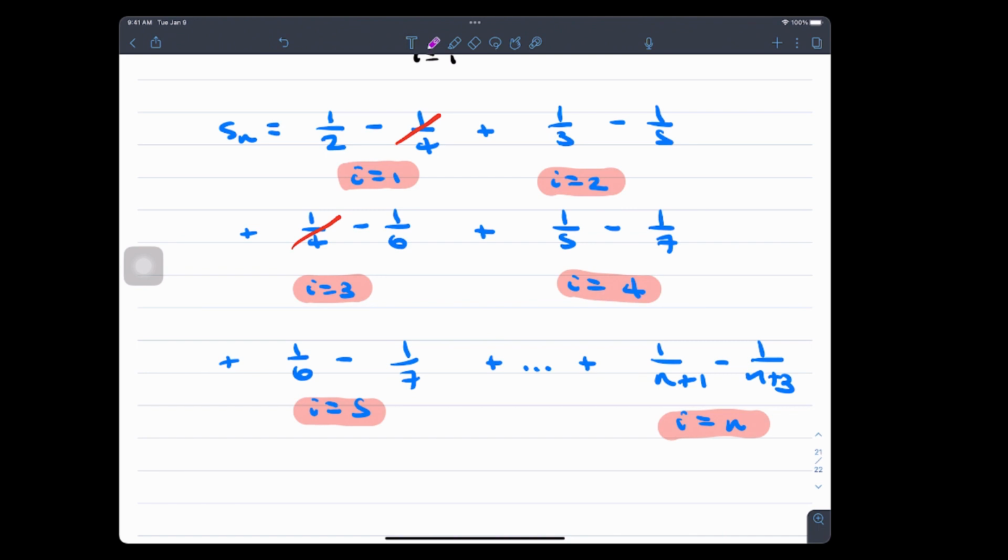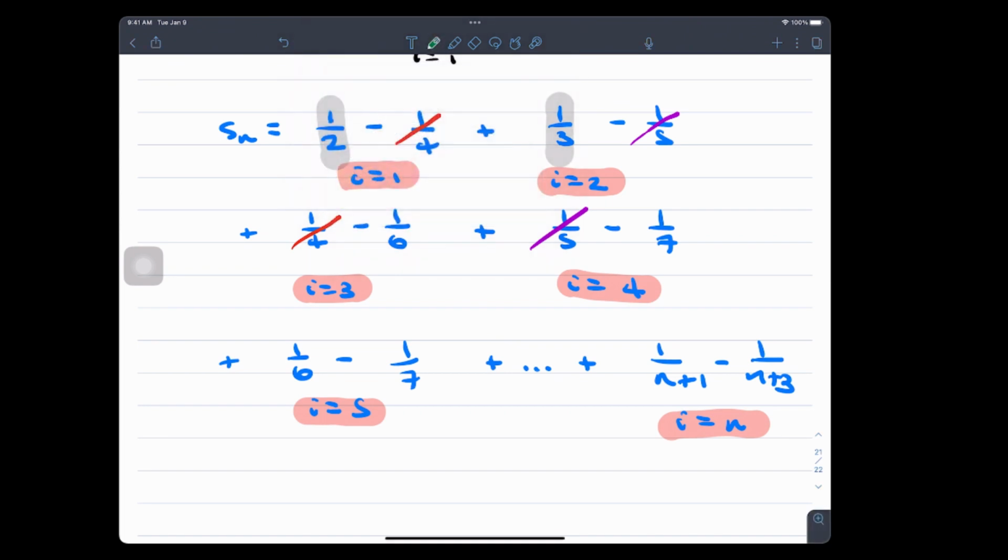Now you've got plus 1/3 minus 1/5. The second term goes away. And then how many terms later? Two terms later, again, that first term goes away. And what is present still is the 1/2, the 1/3. Now I'm going to change my color again.